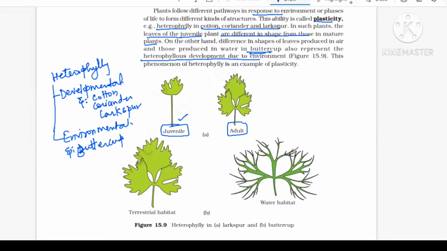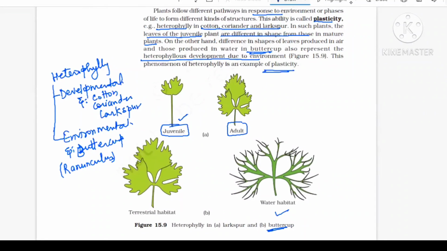Is it clear? Buttercup is given. So these are the examples you have to remember. And buttercup is also known as ranunculus. So these are the cases of plasticity. So I hope up till here your concept is clear.